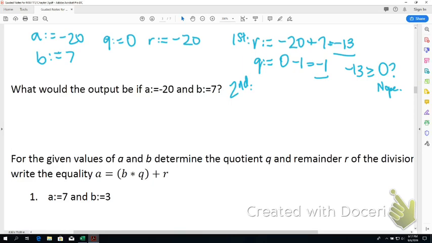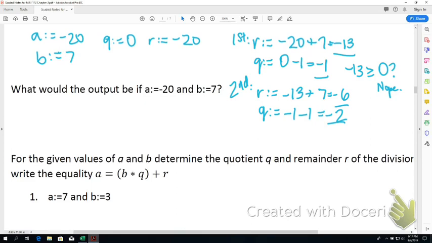Second time through the loop: first step is R is assigned as R plus B, so negative 13 plus 7 gives me negative 6. And then Q is the current value of Q, which is negative 1, minus 1, which gives me negative 2. So I have an R value of negative 6 and a Q value of negative 2.